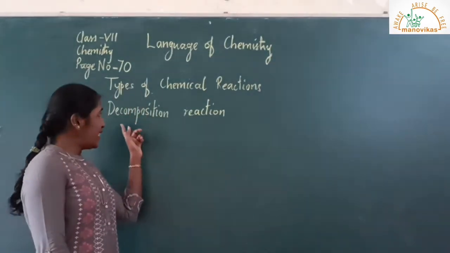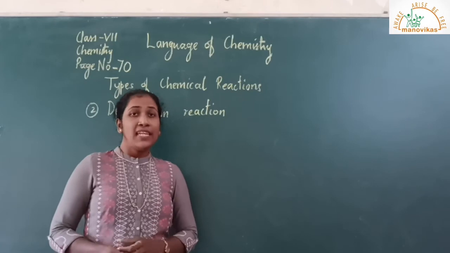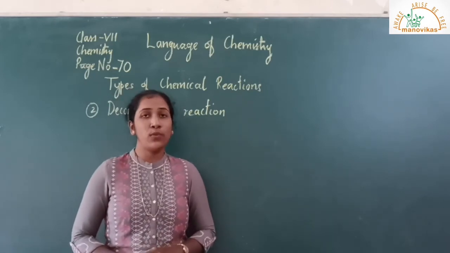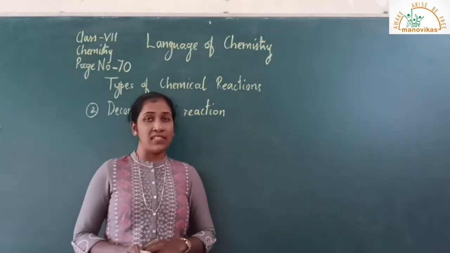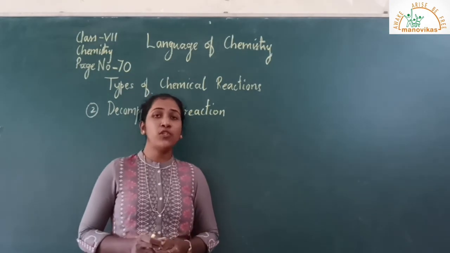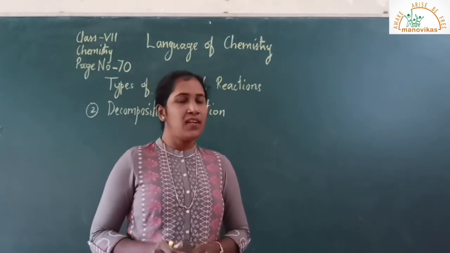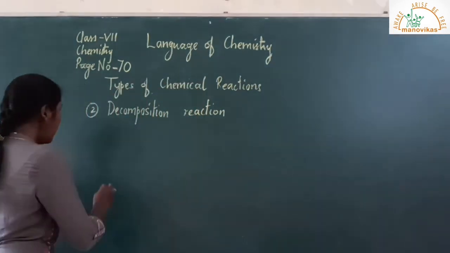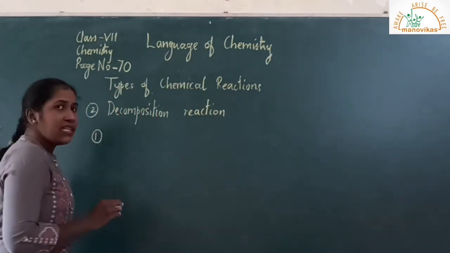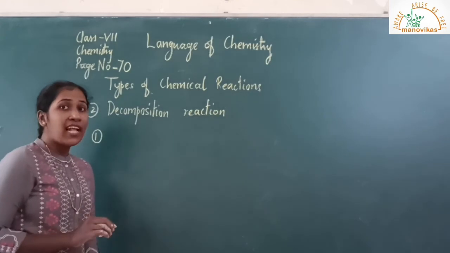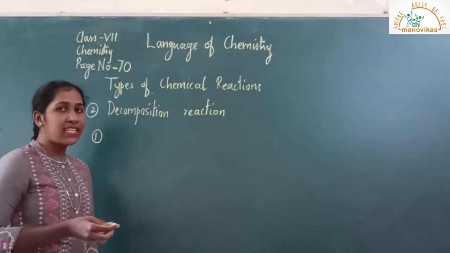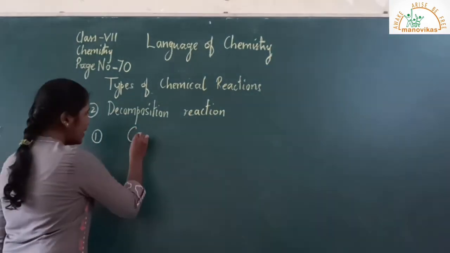Second one is decomposition reaction. It is a chemical reaction in which one reactant is split up into its constituent elements or compounds. Here, let's take an example. The first one is decomposition of calcium carbonate, which we call limestone.